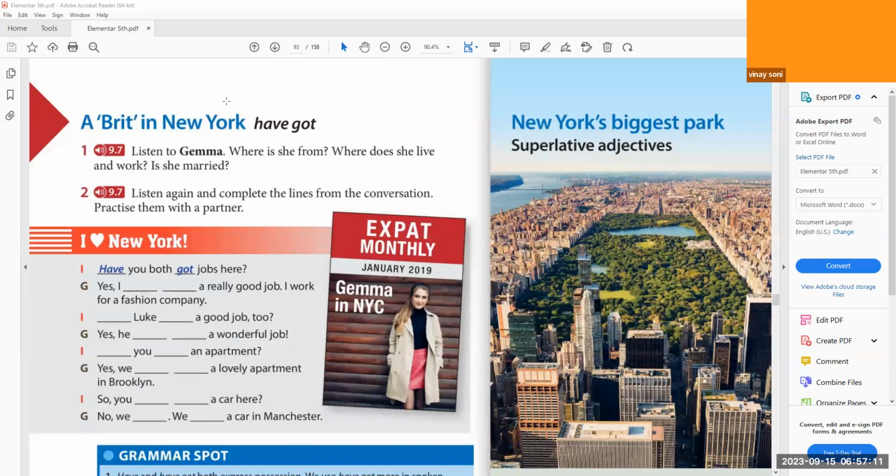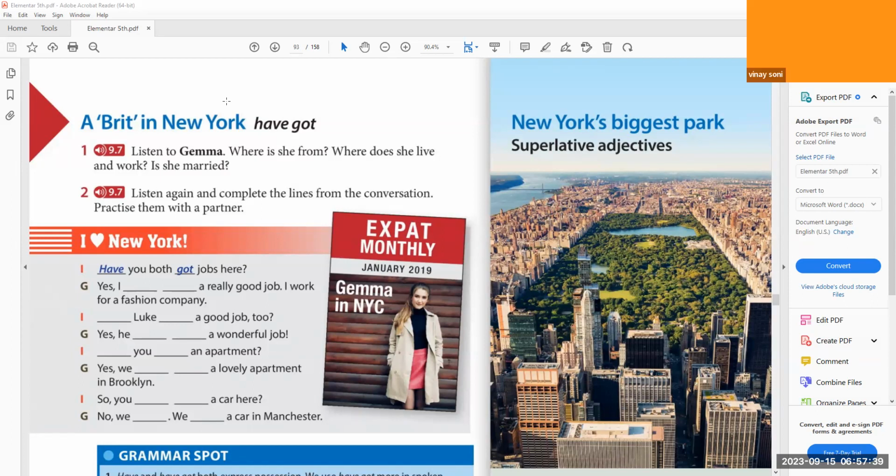Where is she from? She's from Manchester. And where does she live and work? Brooklyn. She works in a fashion company. Is she married? Yes, she is.